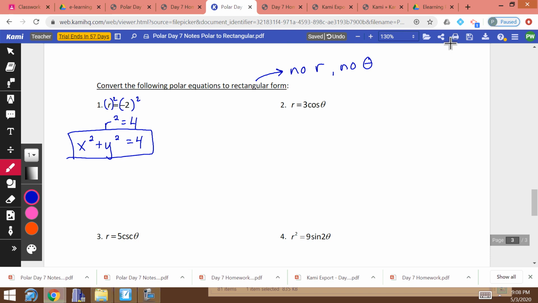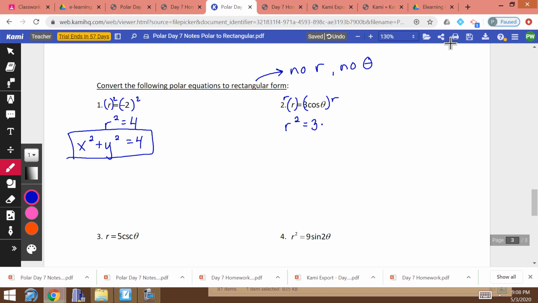This one is pretty similar to what we had done on the front side. Again, instead of squaring on this one, it's not going to be helpful to have a cosine squared. Instead, we could multiply both sides times r. So r times r still gives us r squared. And normally, it's not always helpful to introduce the variable to the other side, but in this case, it is.